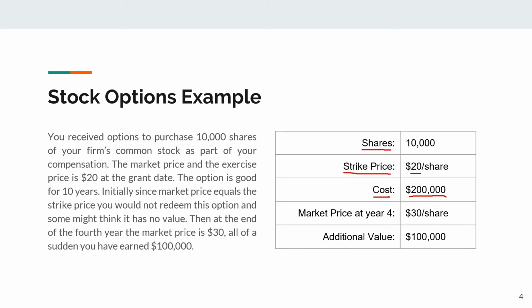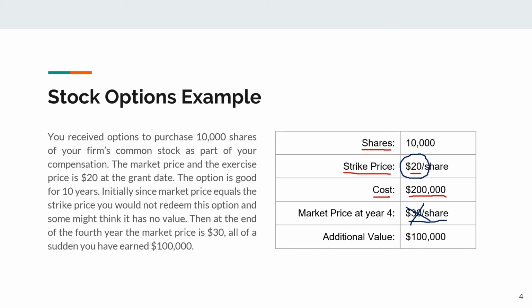Now, 4 years later, we have a new market price of $30 a share. So if you were to purchase these stocks, up to 10,000 stocks, you would not pay the $30 a share. You would pay the $20 a share.